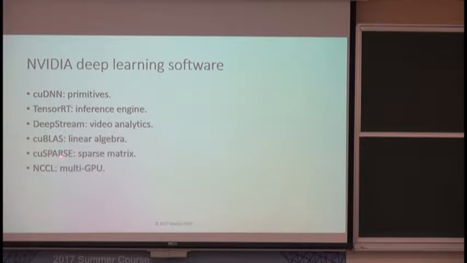To support that, they also have libraries for linear algebra. The BLAS library stands for basic linear algebra subroutines, and then they have another library for sparse matrices. And then they have a library that supports multi-GPU operations. Remember, we saw that AlexNet was explicitly designed to run on 2 GPUs in parallel.